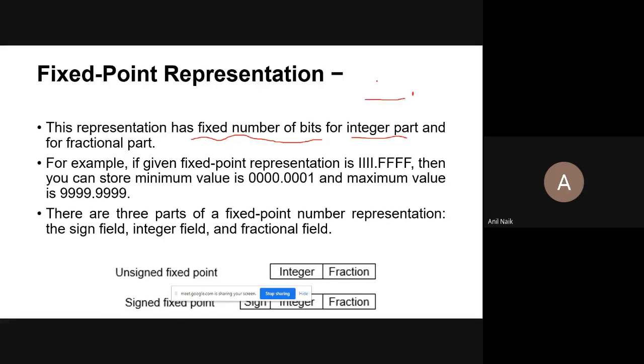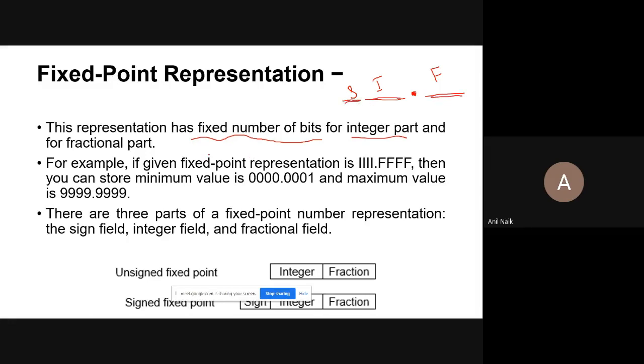The left side is the integer part, then the fractional part, this is the radix point, and here you get one more, the sign bit, the sign of a number, either positive or negative.